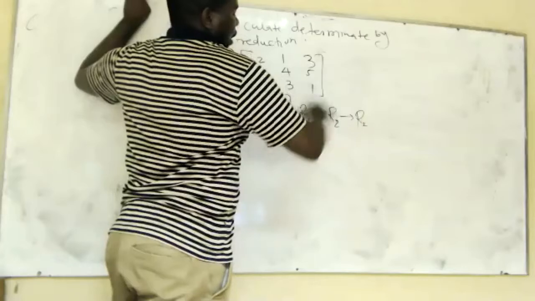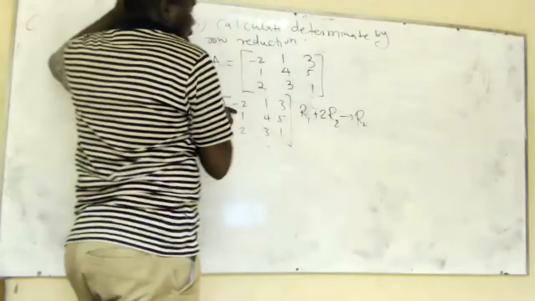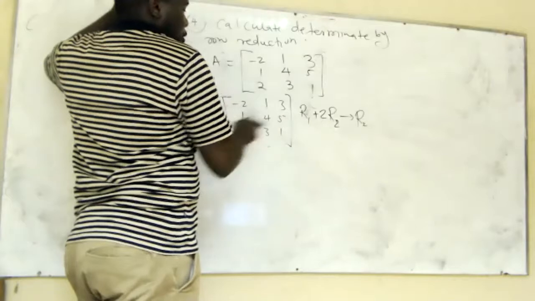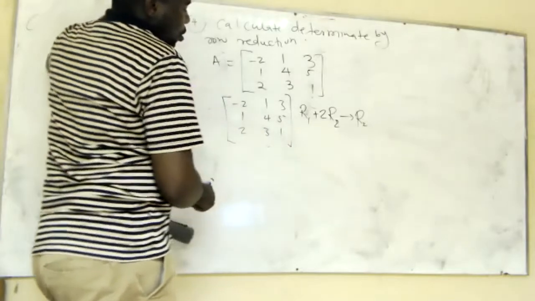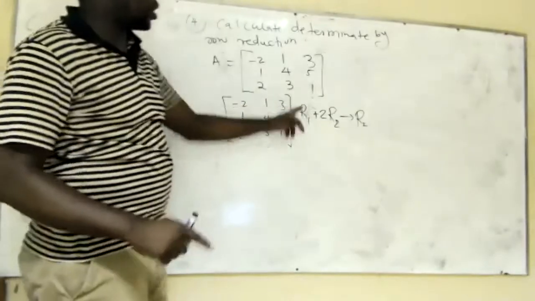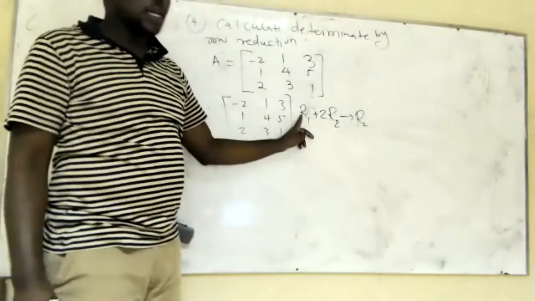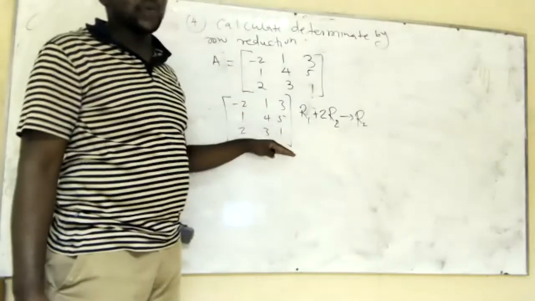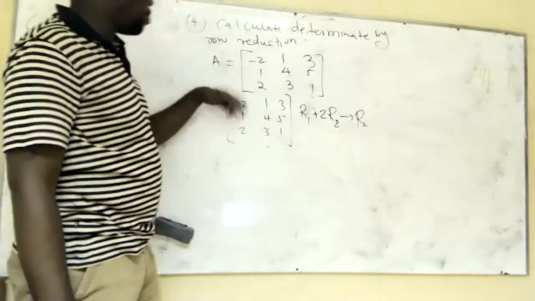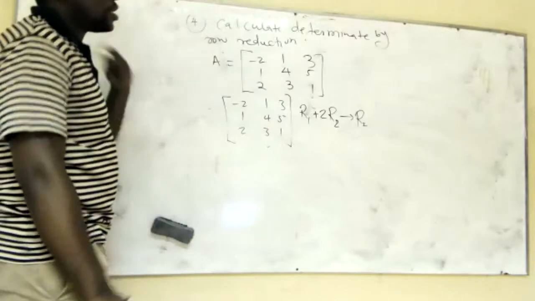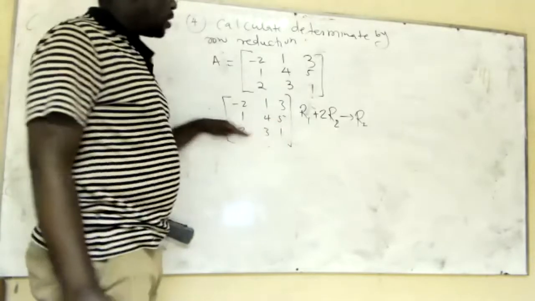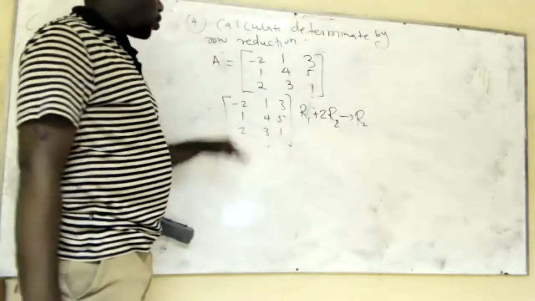This equation we established here is for dealing with row 2. You are allowed to establish the equation that deals with row 3 at the same time, without even getting into the next step.